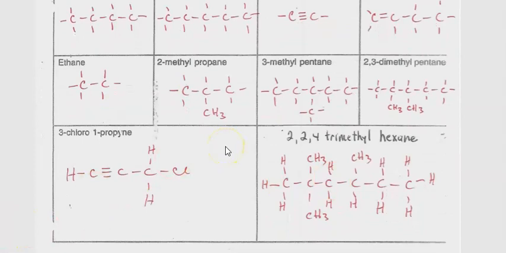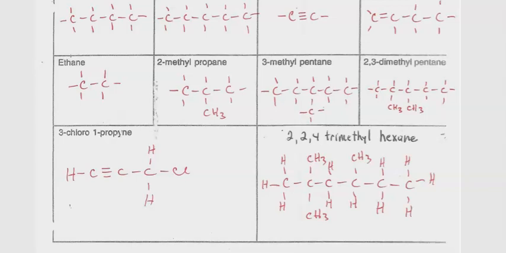Okay, for the rest of the page here, you'll see that all of a sudden now we're adding some methyl groups, and then we're even adding a chlorine here, all right, with 3-chloropropane. And this is, of course, a halogen. All halogens have 7 valence electrons.